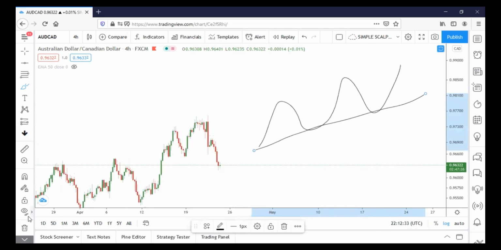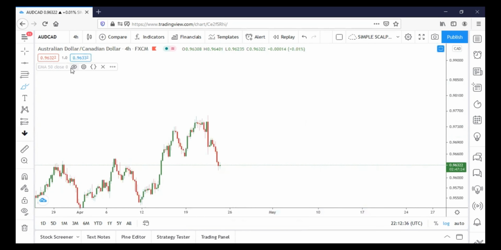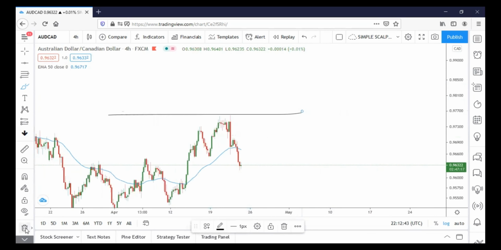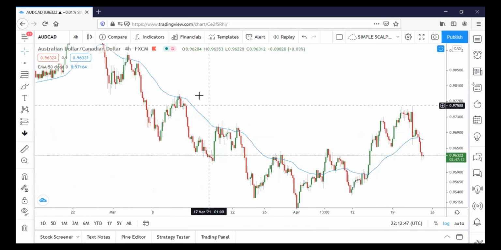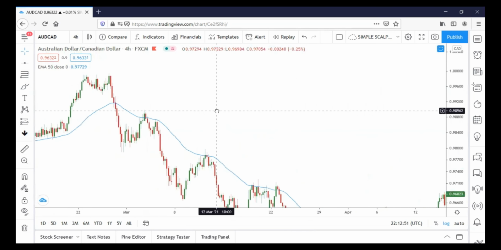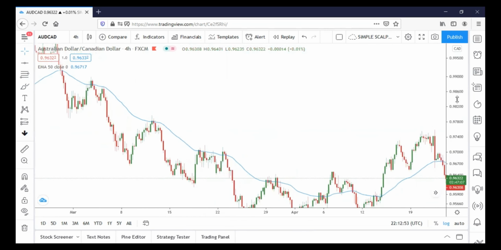So I'm going to be adding the 50 exponential moving average to my chart. You can see here is my 50 exponential moving average. I'm going to use this AUD chart as an example.